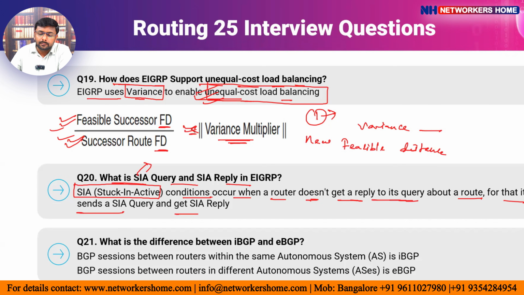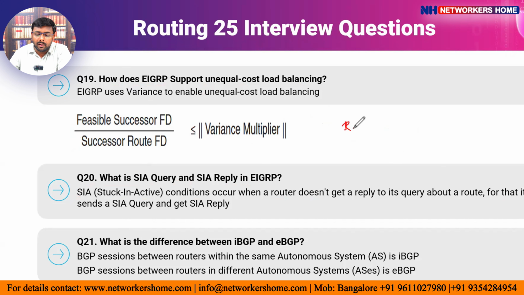For example, let's say we have a router. It has one network, 1.1.1.1, and it has advertised it to its neighbor router as well. Now this information is missing on router 1. So what does router 1 do? It sends a query packet to router 2, asking whether it has this information or not.